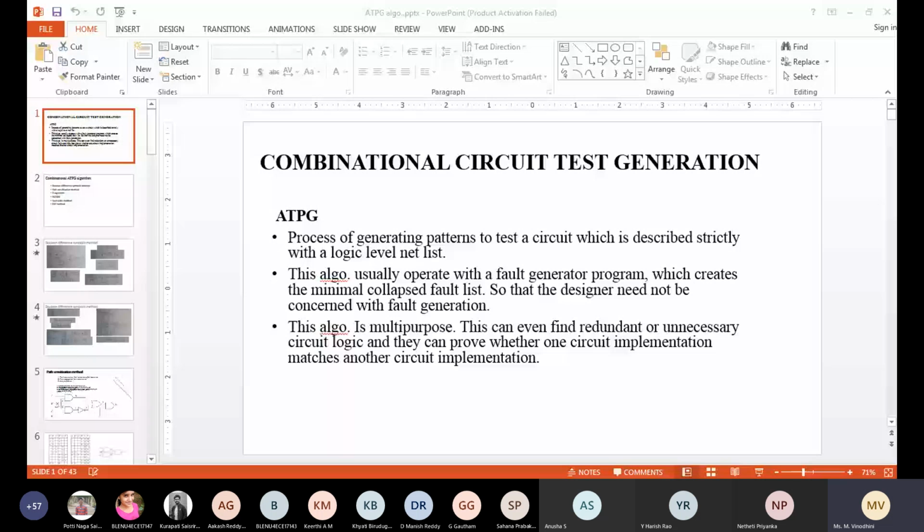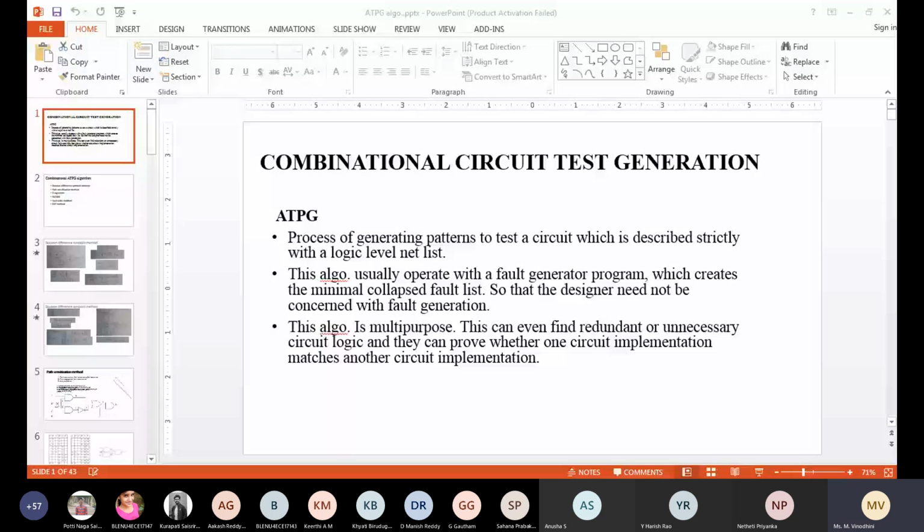ATPG stands for Automatic Test Pattern Generation algorithm. This algorithm will automatically generate the test vector. Otherwise, I can say these algorithms are used to generate the test vector.